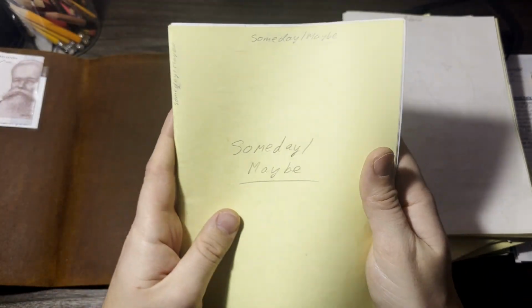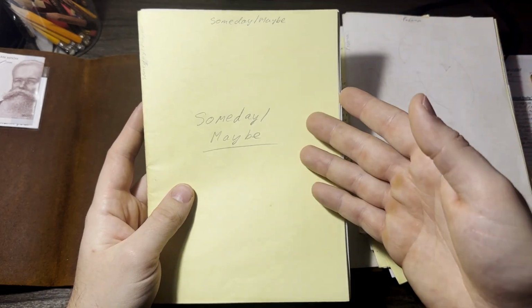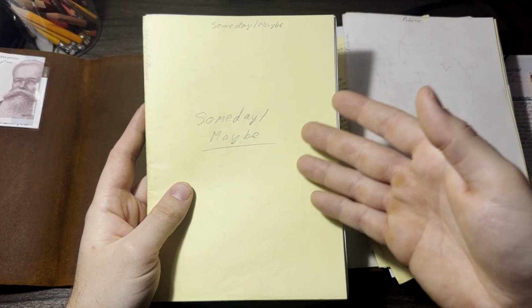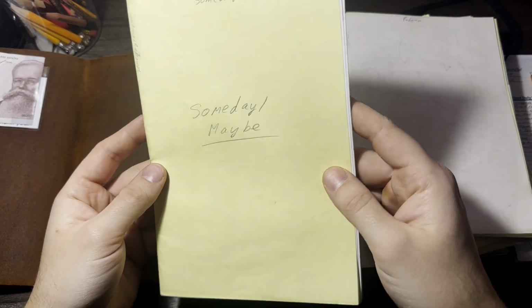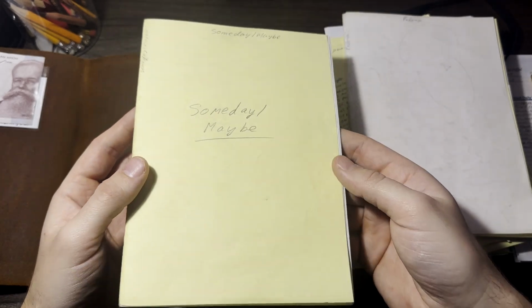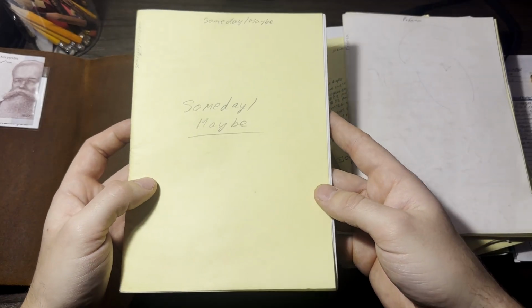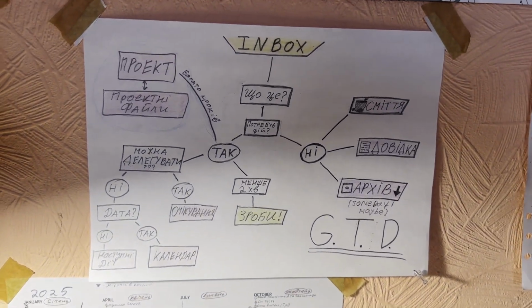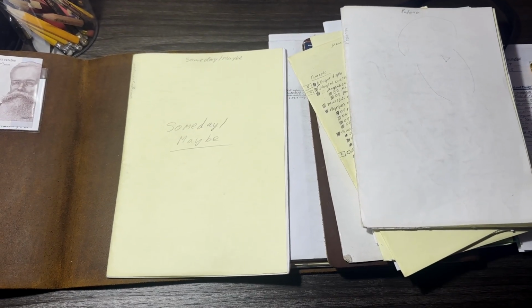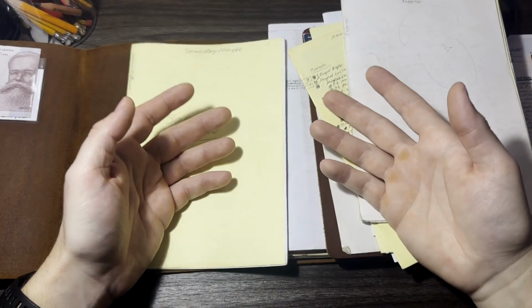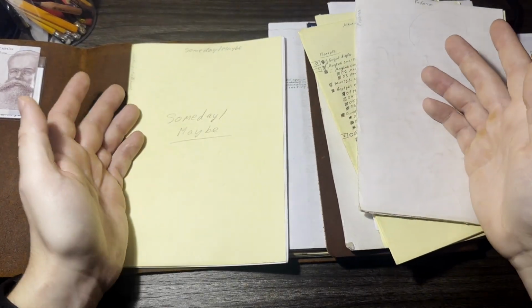And of course the someday maybe list. That's one of the oldest bundles which I keep in my Everbook, because as you can see here, I do like the Getting Things Done system, and I use it a lot, and I started my organization path from it.